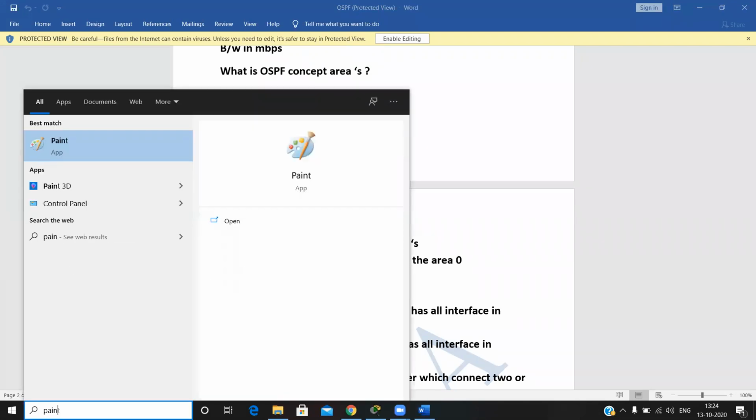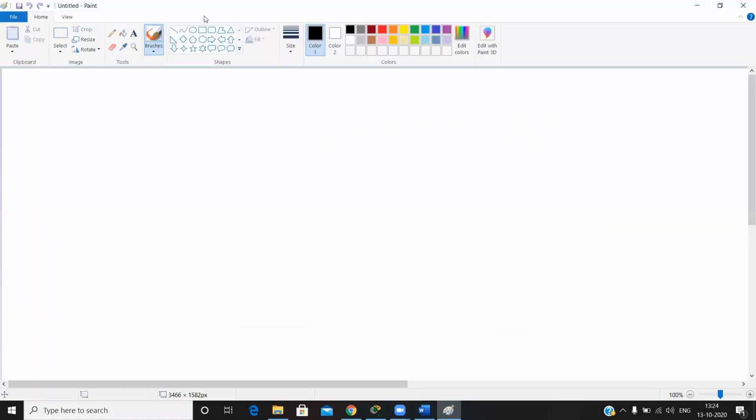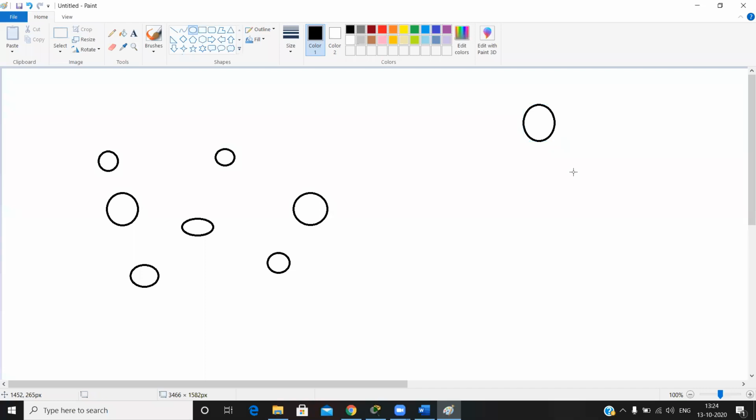So why do we use areas? For a small database size. Suppose we have multiple routers, one, two, three, four, five, meaning unlimited or many. So our database size is too large to maintain all the database for all the routers.